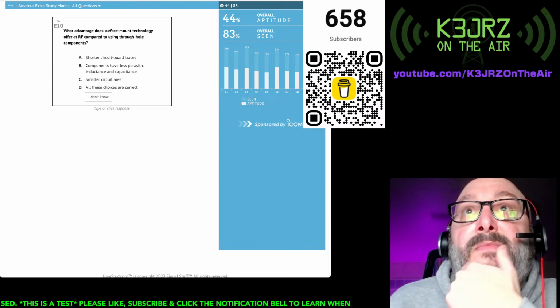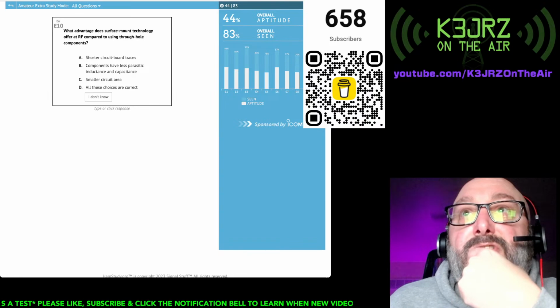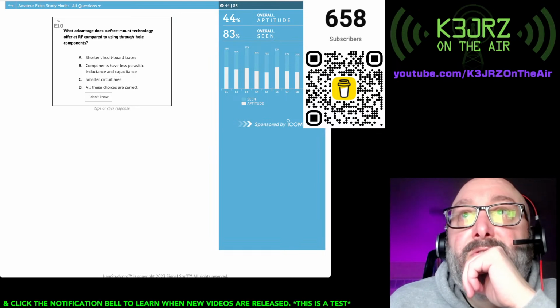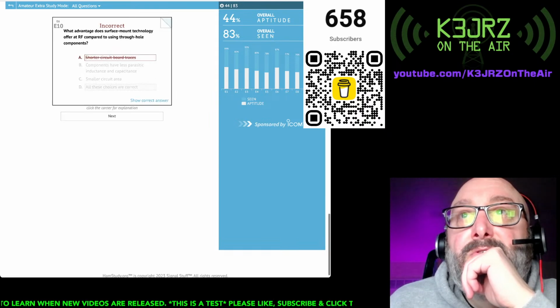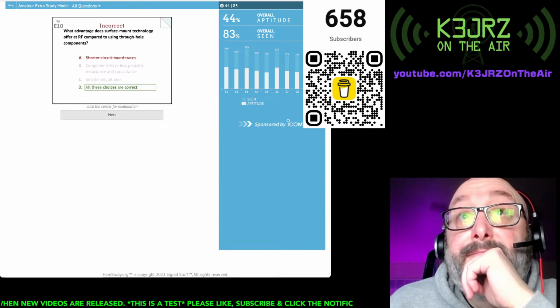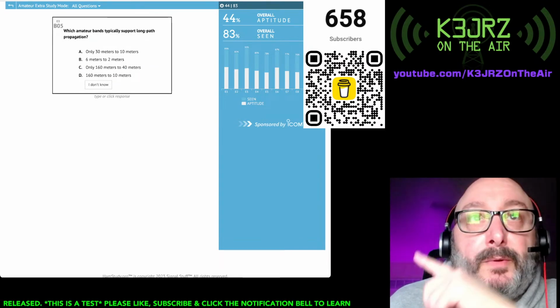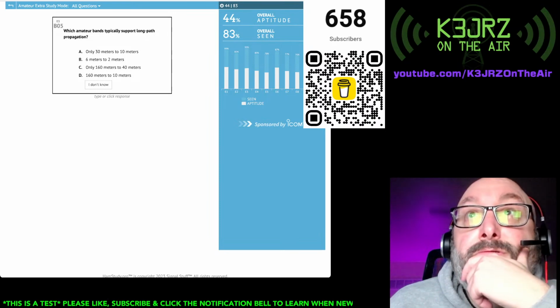Interesting. What advantage does surface-mounted technology offer in RF compared to using through-hole components? Purple.